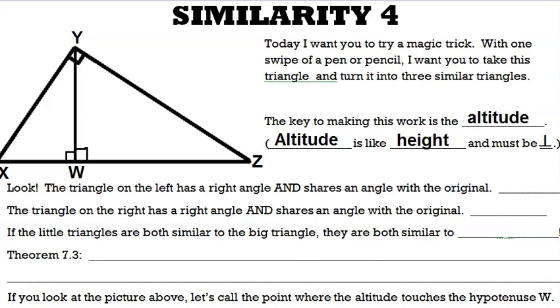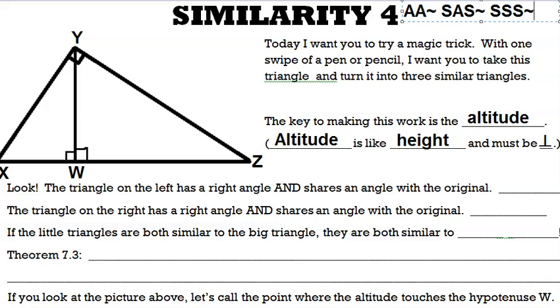And this actually ties into what we talked about before when we talked about the different ways that you can prove that 2 triangles are similar. We talked about how you could do angle-angle similarity, side-angle-side similarity, or side-side-side similarity.